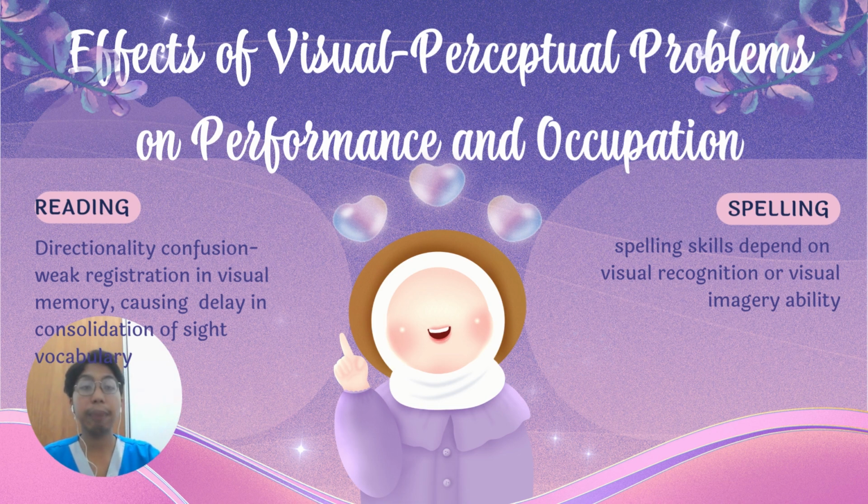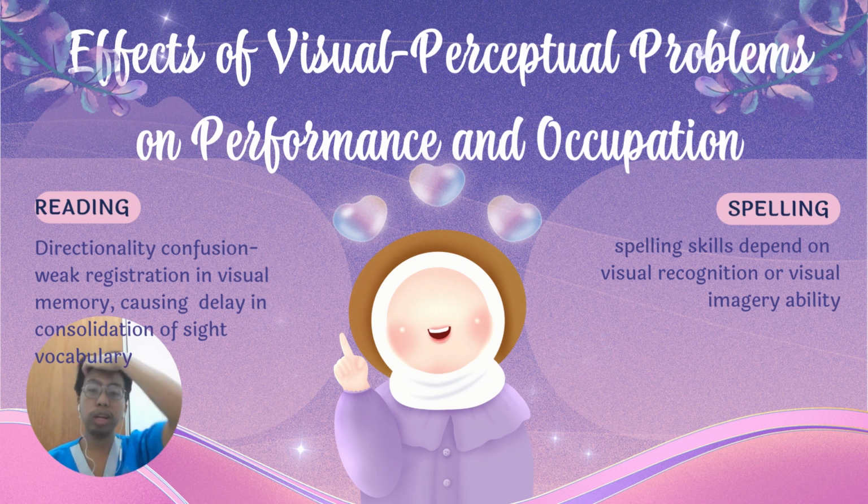And then next is spelling. Spelling skills depend on visual recognition or visual imagery ability. Although here's the thing, in the research people say that there is no relationship between visual perceptual problems and spelling, but they also suggest that spelling skills depend on visual recognition or visual imagery ability.